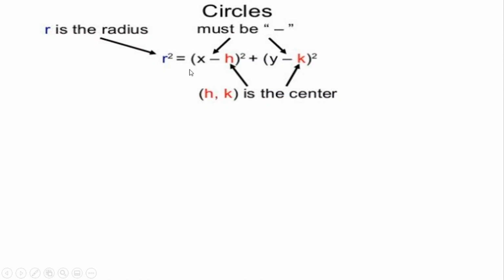So, R squared is equal to X minus H squared plus Y minus K squared, where H and K is the center. Again, this case is only applicable if the center is not at the origin. Always remember that X goes with H, and Y goes with K.